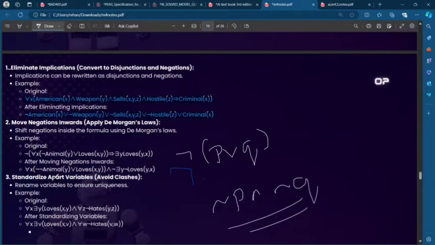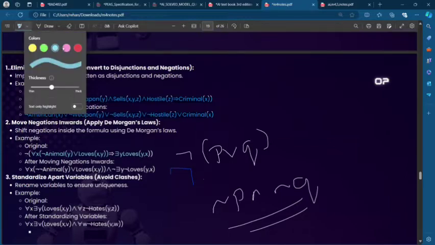So here we have for all x, double negation animal y or loves x comma y, and negation there exists y, negation y loves y comma x, does not love y comma x. Basically this thing is one term and this thing is another term.